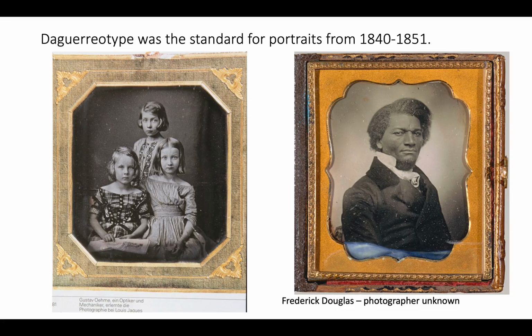The photograph on the right is a photograph of the very famous freed slave Frederick Douglass, who was an abolitionist and an activist and an important writer. I don't know the photographer of this one, and I'm going to have to look it up. He was actually photographed a lot, which was quite intentional, and we're going to talk about that in a couple of units and really dig a little bit into that, the importance of that history and about representation and race.